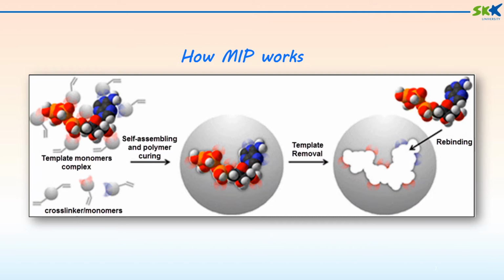As you can see here, this is the template and the monomers, and the complex binding together, and this is the cross-linker with some monomers together. Then we carry out the polymerization process over the template, and after we remove the template we get the same shape and the same cavity that is exactly complementary to the shape of the template.